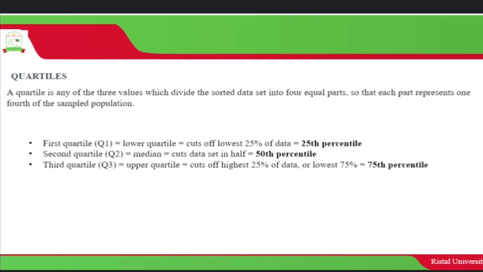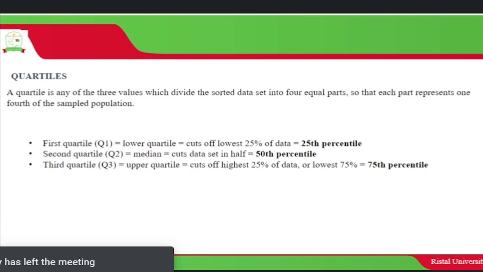So the first quartile is usually known as the lower quartile, and it cuts off 25% of the data. It's commonly known as the 25th percentile. Then the second quartile is the median, and it cuts the data set into a half, and it is the 50th percentile.